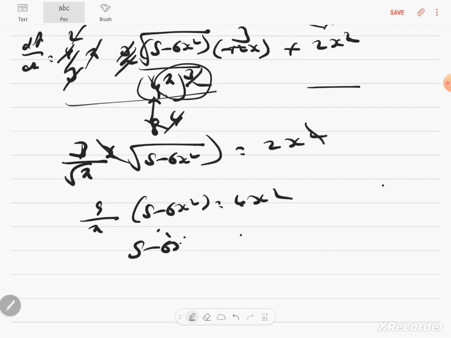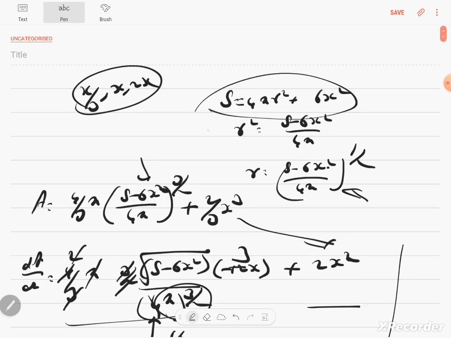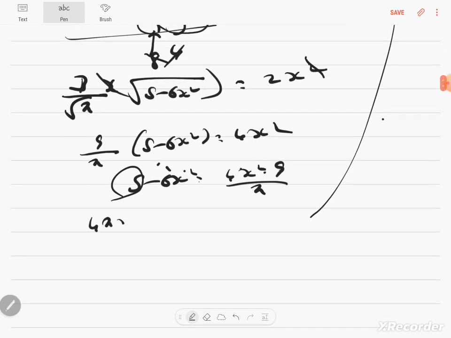So S minus 6x² is 4x² into π by 9. You already know S from the first equation is 4πr² plus 6x². 4πr² plus 6x² minus 6x² will be just 4πr².